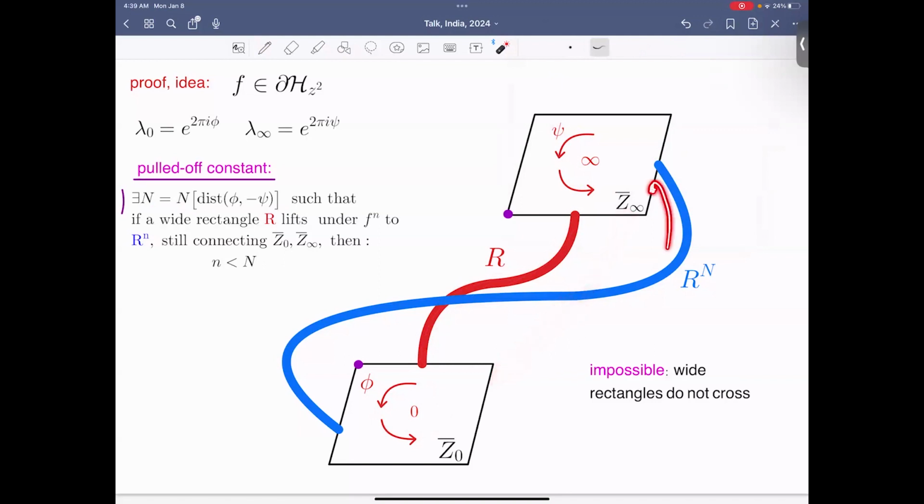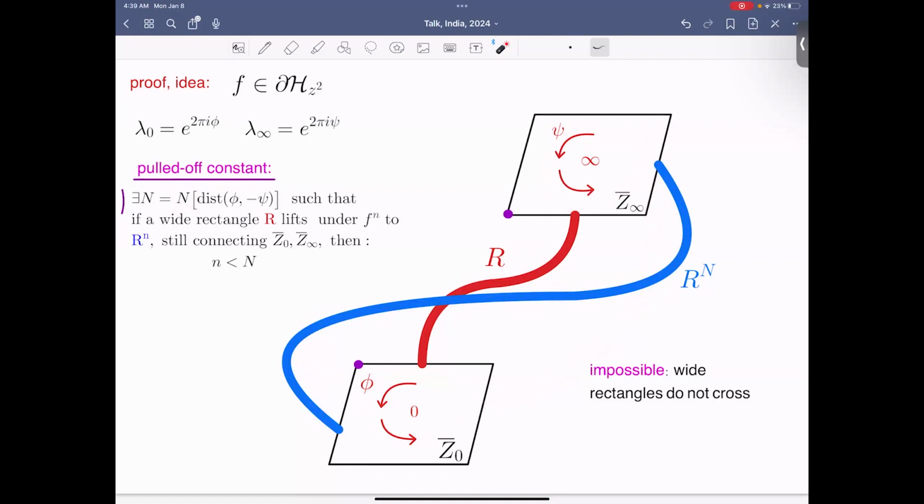The second lift may also connect, but still there will be some moment, namely this capital N, where it cannot connect the Siegel disk at infinity with the Siegel disk at 0, because of the speed, this would eventually want to cross the original rectangle R. And wide rectangles cannot cross.